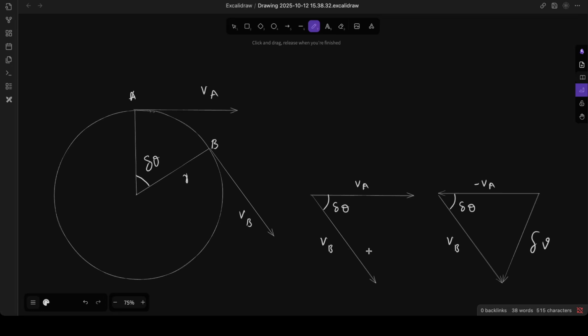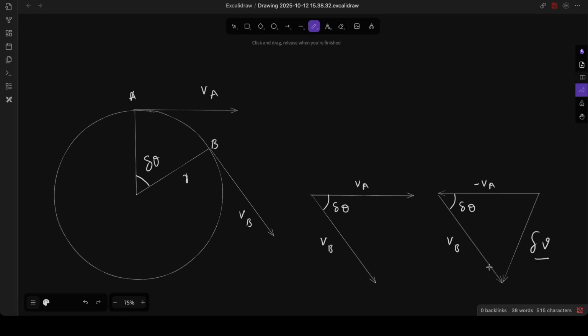Now the problem is to find the resultant. We have always learned that the resultant vector starts from the tail of the first and goes to the head of the other one. So I'll rearrange it in the opposite direction. This becomes minus VA, and we come across this. From the tail of the first to the head of the other, this is my resultant vector.